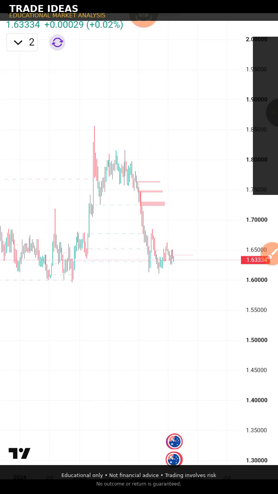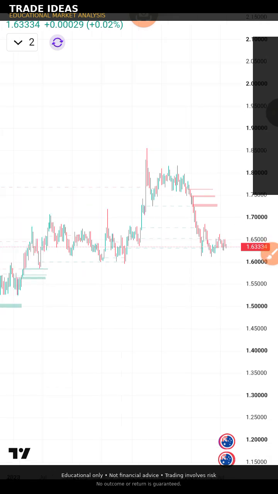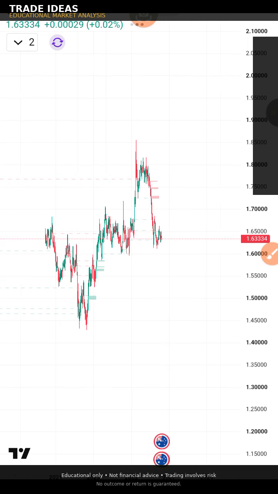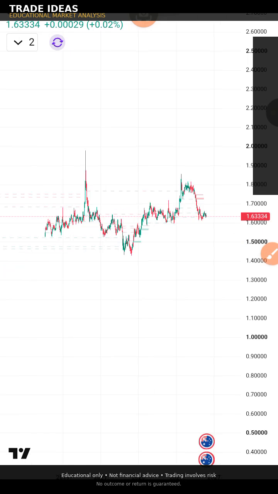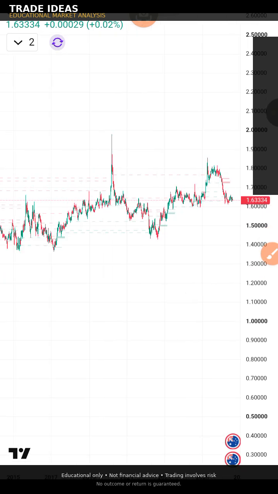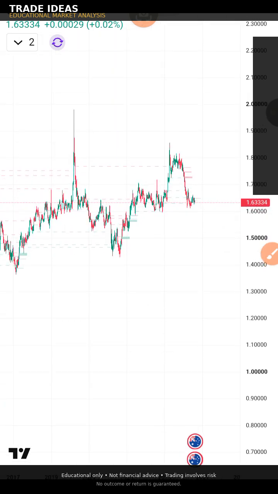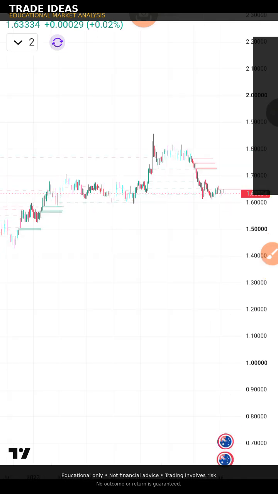What we do, we want to look at what the weekly is, how the market has been moving from the uptrend to the downtrend. Now looking at this market, we can clearly see that the market is a bit of confusion, but if you zoom in very well, you can see that we are in an uptrend and the market has repriced to a certain area where we can see here.